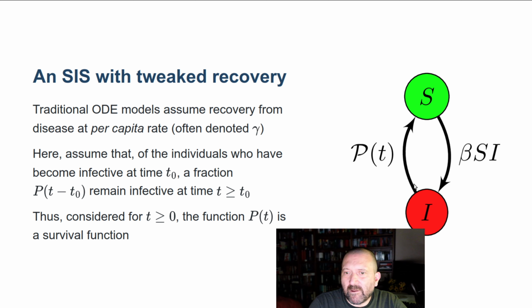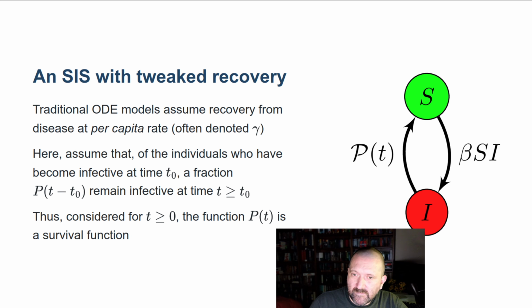Instead of using a gamma I, as we've done in the past, I'm going to say that there is a proportion P of t of individuals. That function describes how people spend time in I. Okay? So, in practice, what does that mean? It means that individuals who became infective at time t0, well, a fraction P of t minus t0, for t greater than t0, is still infective and infectious at time t greater than t0.